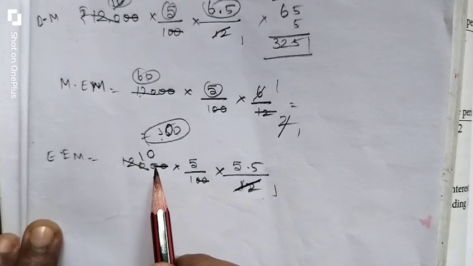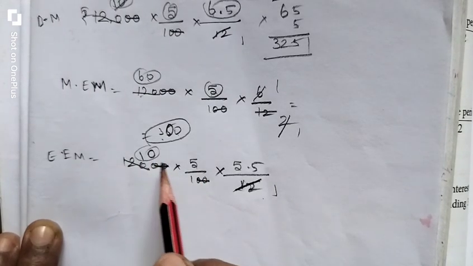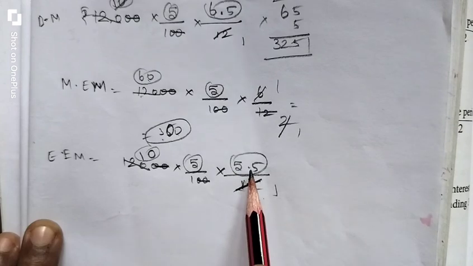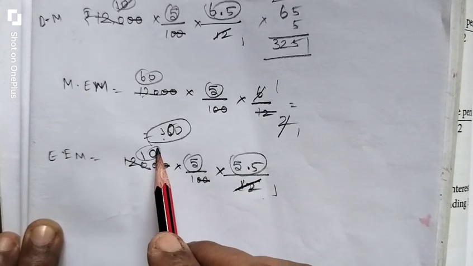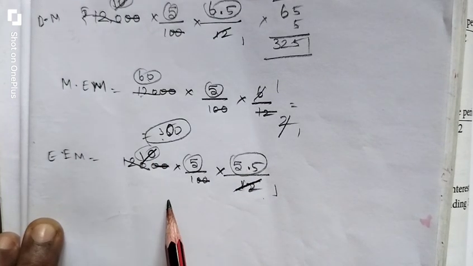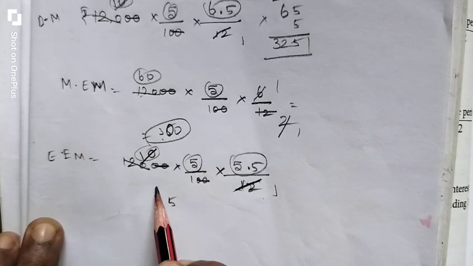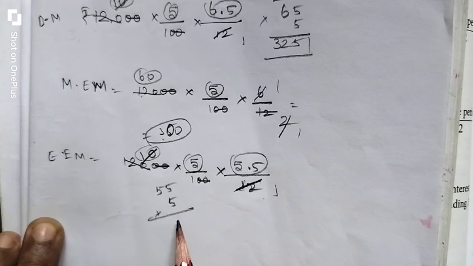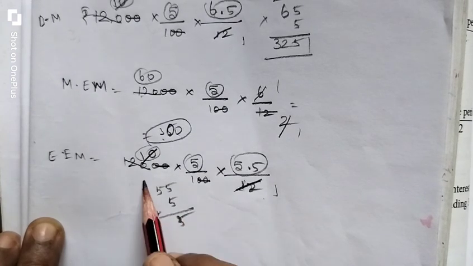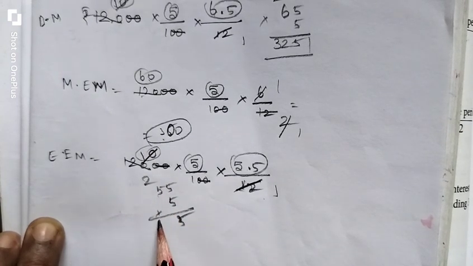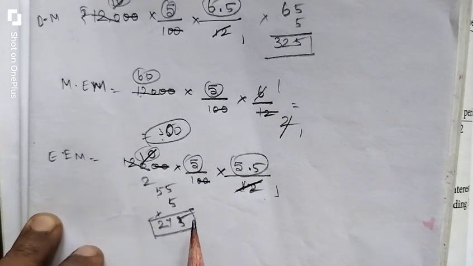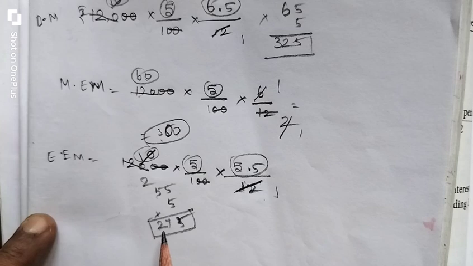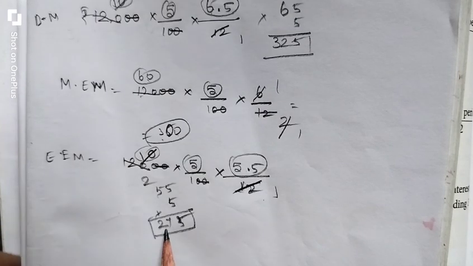Remaining we have 10 into 5 into 5.5. After one digit after the point, we cancel this 10. Remaining we have 5 into 55, right? 5 5s are 25, 5 5s are 25 plus 2, 27. So the interest on drawings under the average period method at the end of every month is 275 rupees.